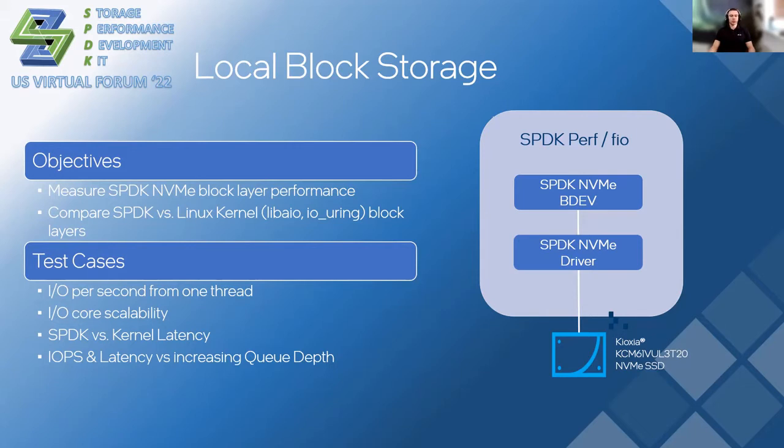Now, for those 2 test cases, we are using our own testing tools, previously mentioned nvme-perf and bdevperf, in order to maximize the performance and reduce needed CPU resources to do so.